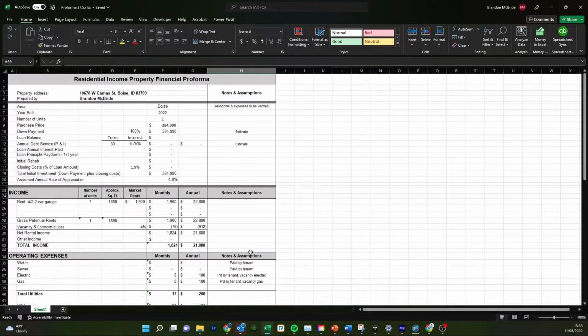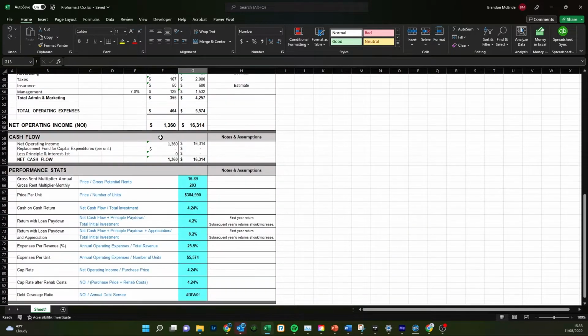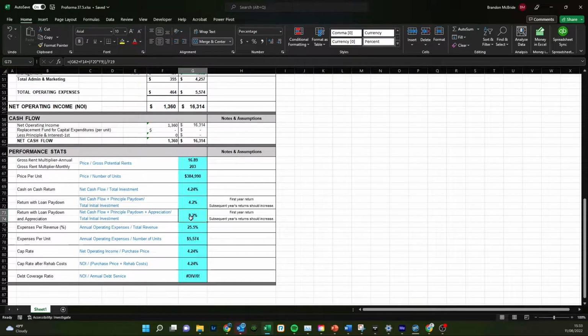But if we go up here, think about it this way. This is how most investors think about it, and this is how you can start understanding where debt would come in as a useful tool. Risky, but useful tool. So if we're having to come up with 100%, $384,000, we can buy one house, and that one house brings in this much cash flow.